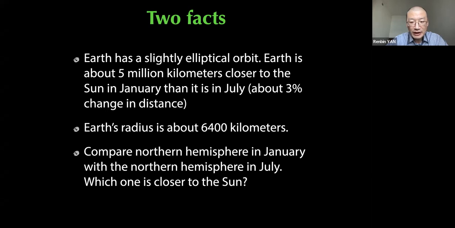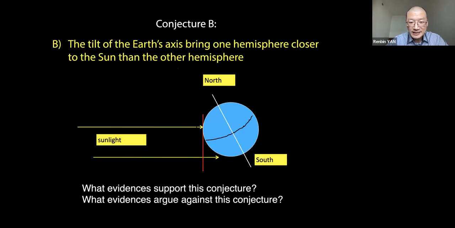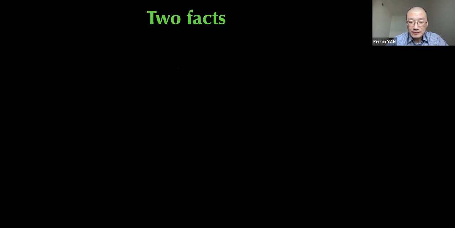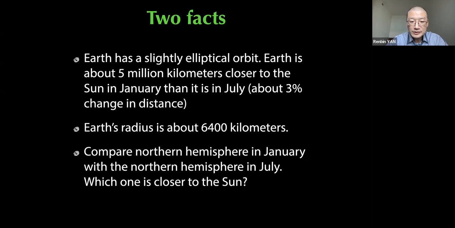When you evaluate the distance between the northern hemisphere and the sun, you need to consider not only the orbital distance between the Earth and the sun at that time, but also the size of the Earth, right? Because you are saying that if this tilt is causing the distance to be different, which part is closer?